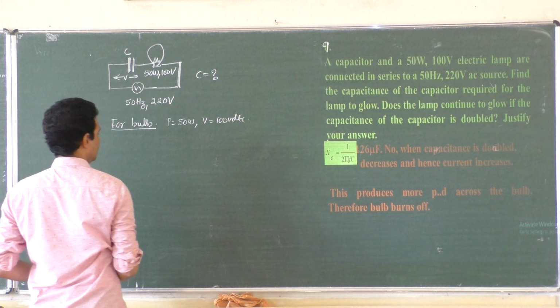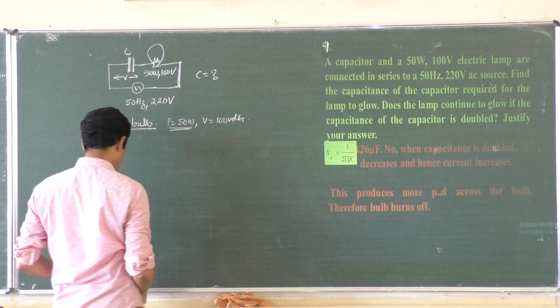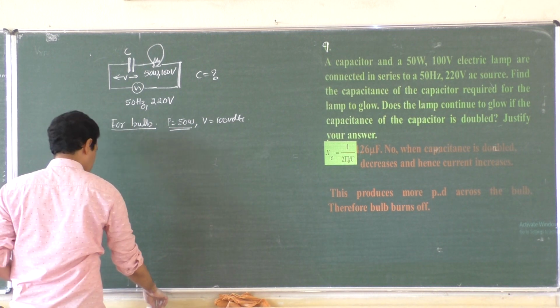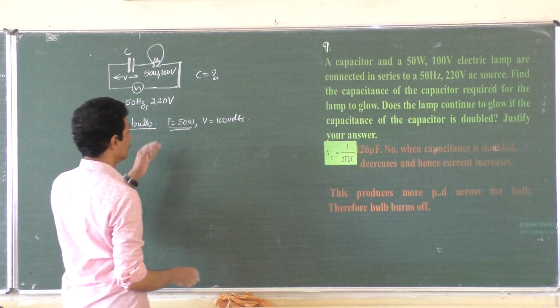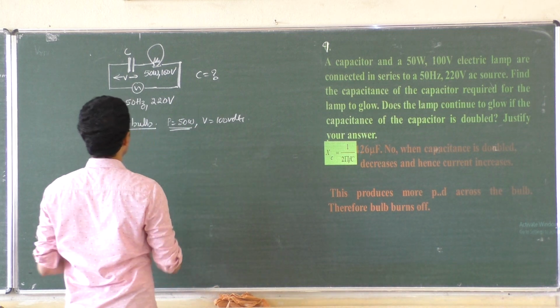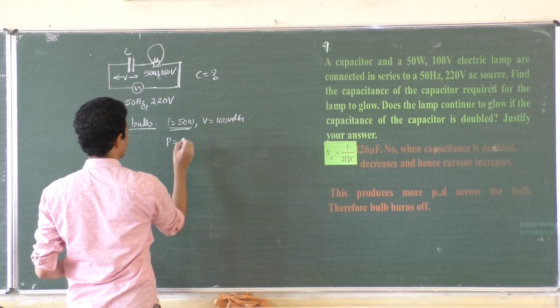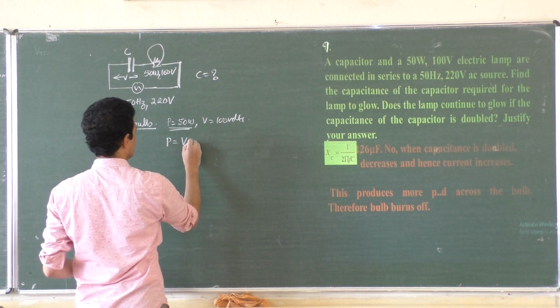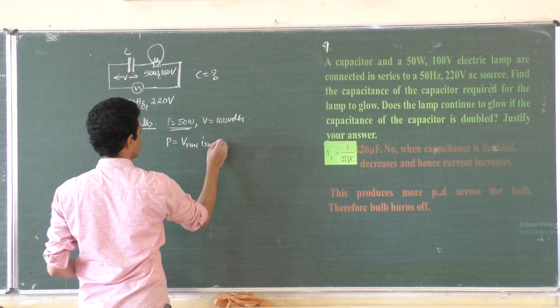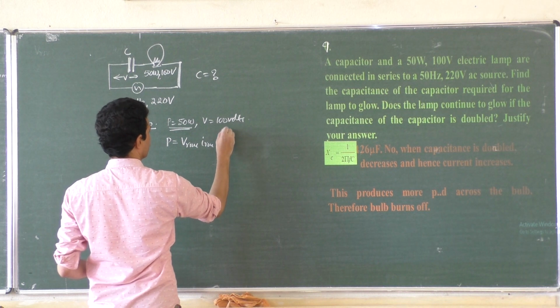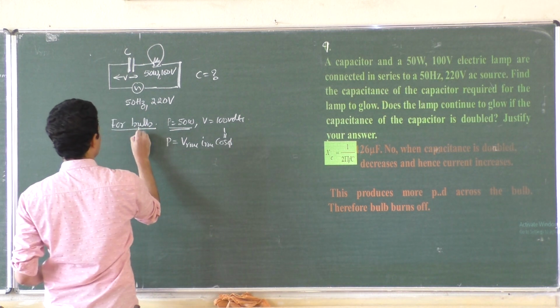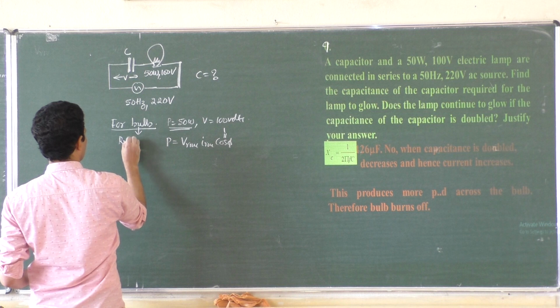If it can tolerate a maximum power of 50 watt, what is the current? I can treat the bulb as a resistor. Power is equal to Vrms into Irms into cos phi. This cos phi is 1 for a bulb because a bulb can be treated as a resistor.